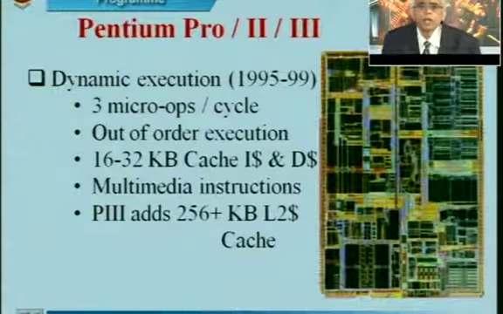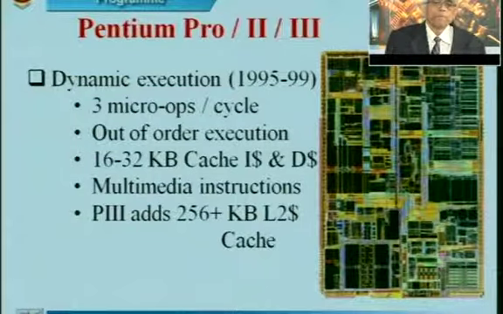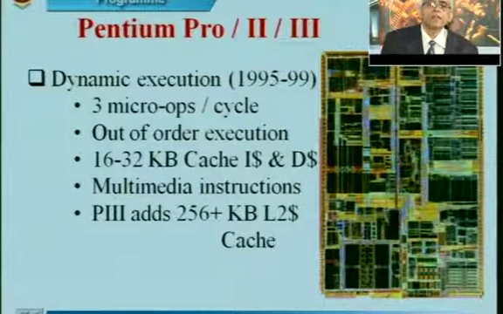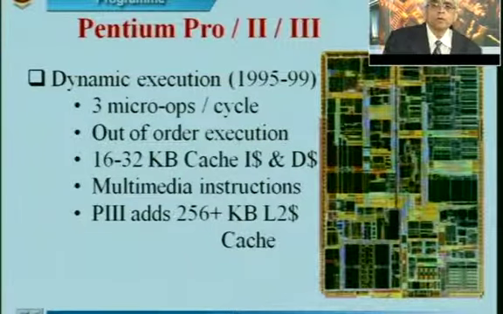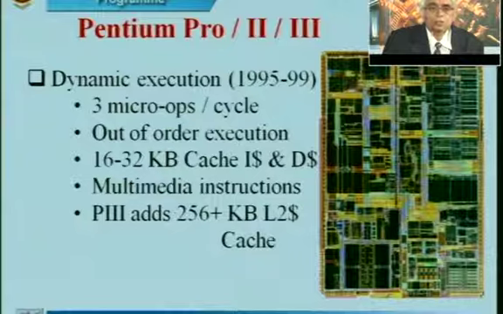Now, looking into these, we can say that there has been a huge improvement in the microprocessor world. Dynamic execution was brought out in the years 1995 to 1999 by Pentium Pro, Pentium 2 and 3, which had 3 micro-ops per cycle. Out of order execution.